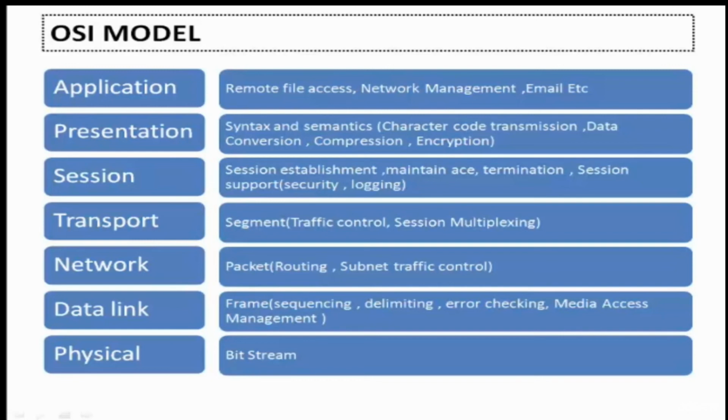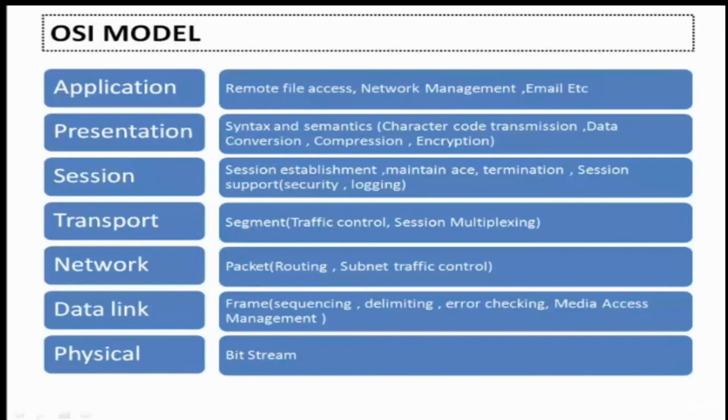Always a header is added at the beginning of the data. When it comes to the network layer, the packet header, that is the sender IP address and receiver IP address, is added over there.